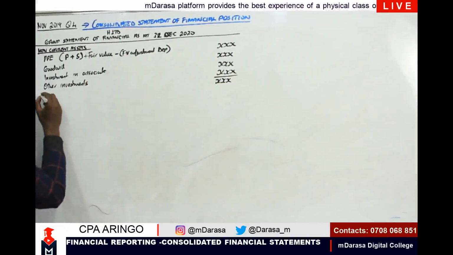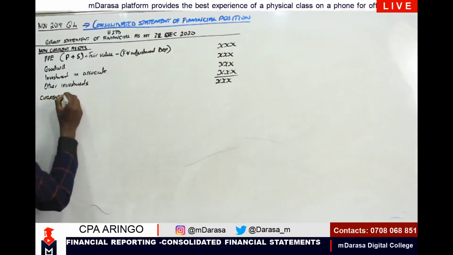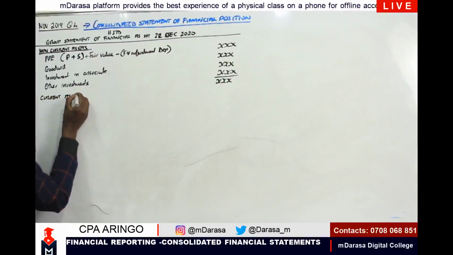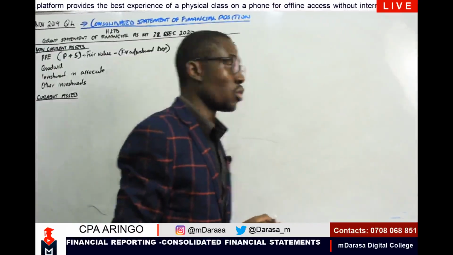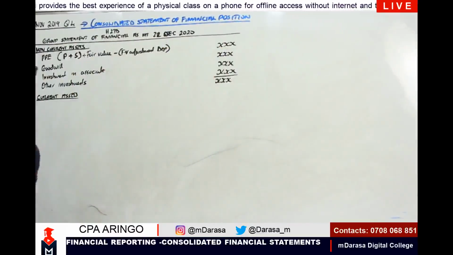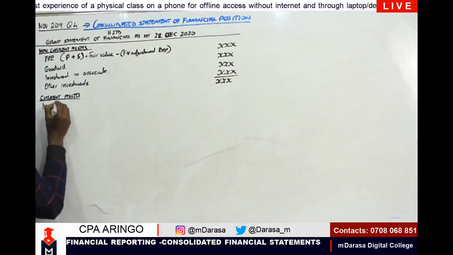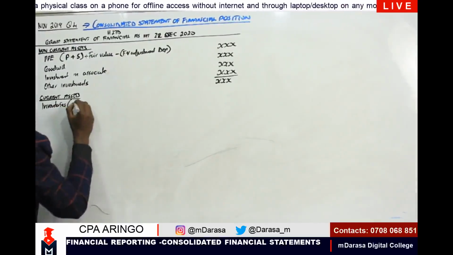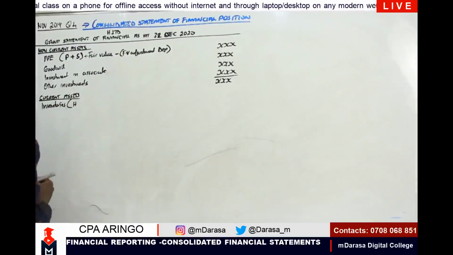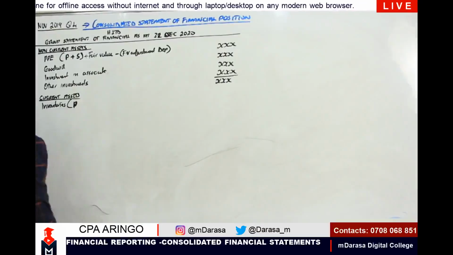Then consider our current assets. Having our current assets, we can talk about, number one, inventory. And how will you determine our inventories? We are going to talk about the parent company or the holding company.